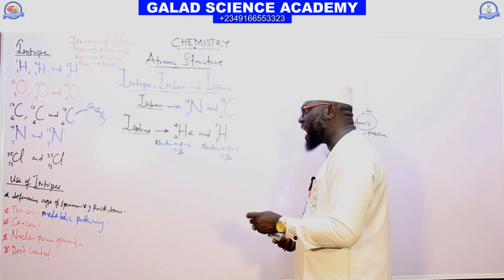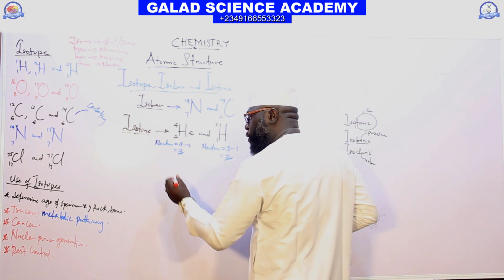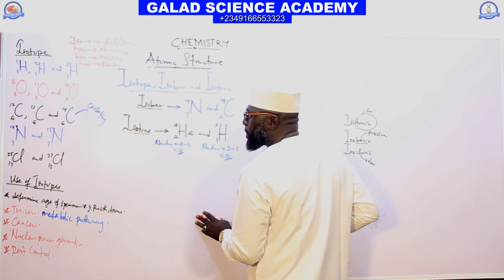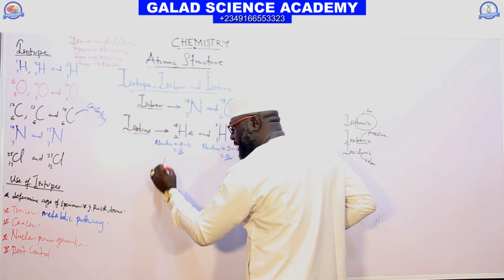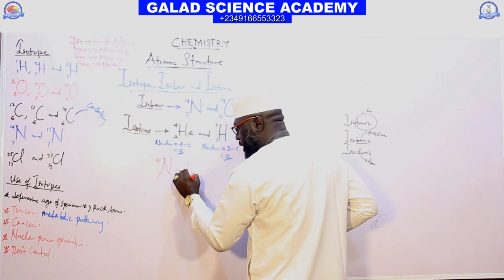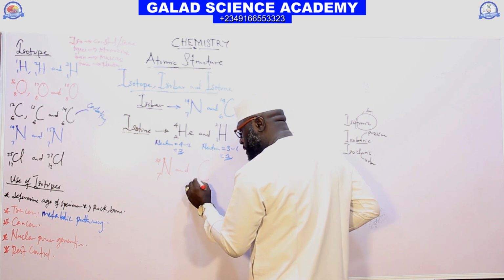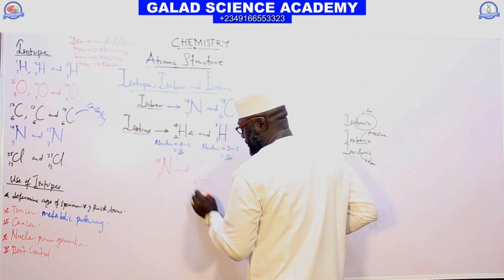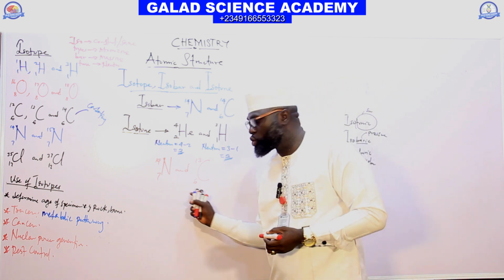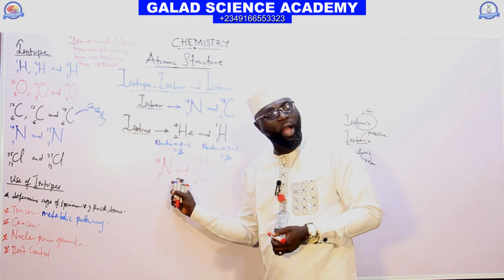We can also have isotone in these elements too: nitrogen 7, 14 and carbon 6, 13. Look at this. What is the phenomenon between the two elements? Is this isotope, isobar, or isotone?